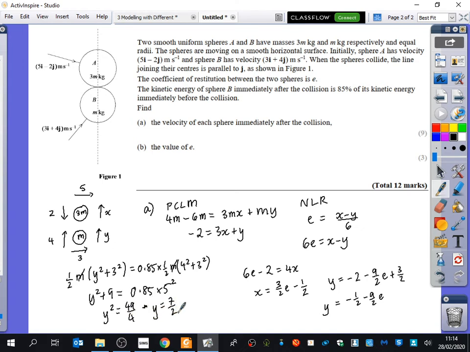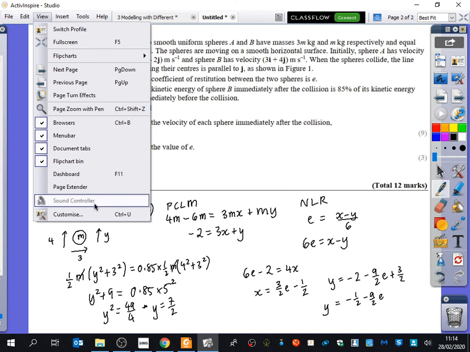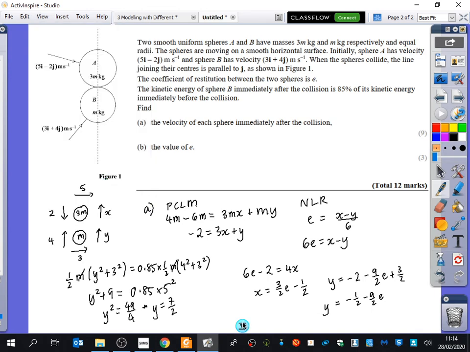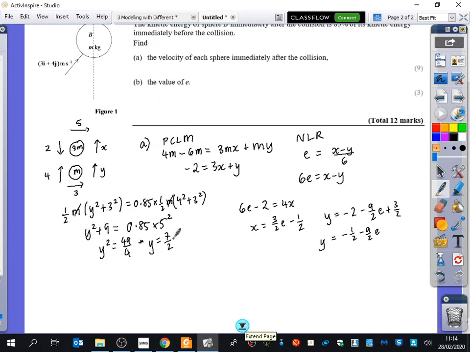And then I guess we've already done all of this work over here, so we can now use this to find out what x is. I suppose we didn't need to do that at all. So if y is 7 over 2, we can now use this statement to say minus 2 minus 7 over 2, divided by 3, is equal to x, which is minus 3 over 2, minus a half.